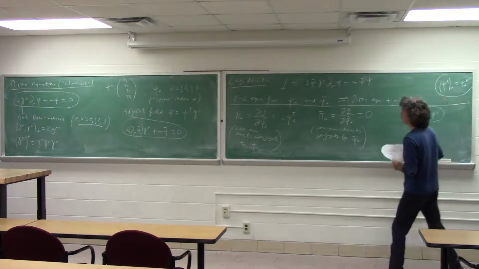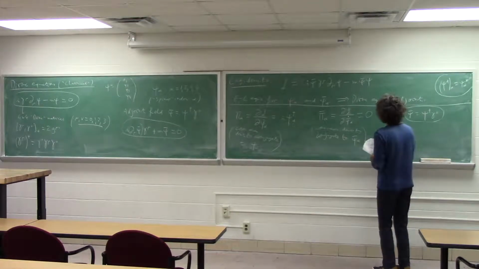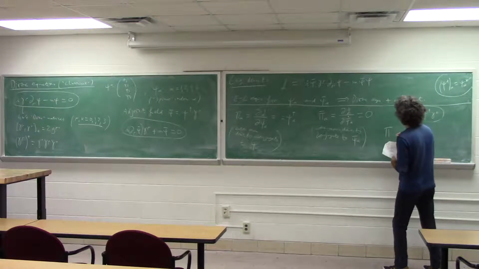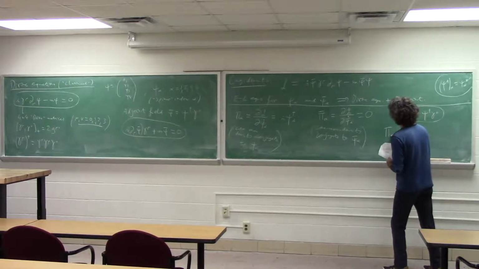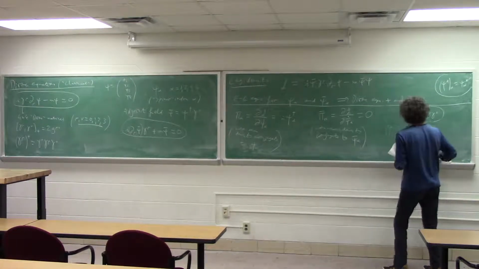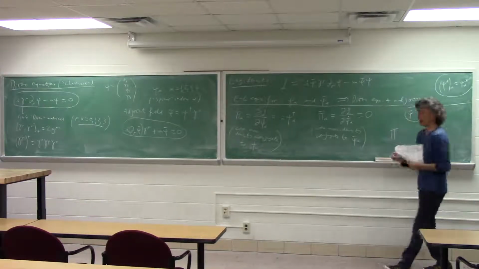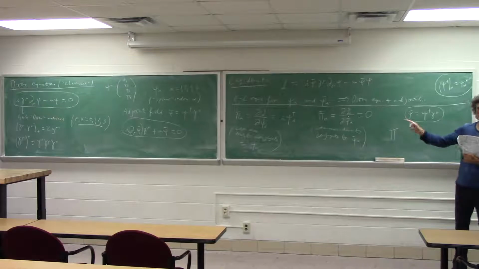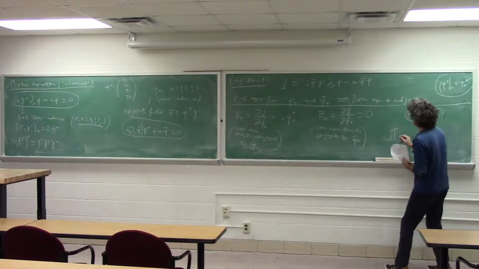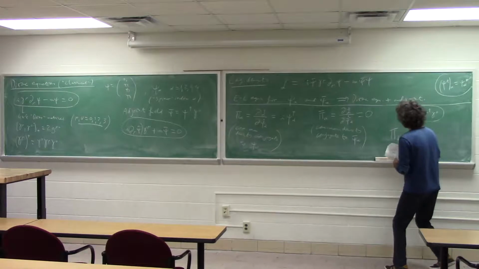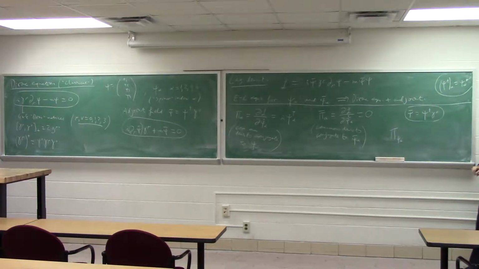What you would really want to do is, instead of the subscript alpha, have a proper notation. You should have said, let's take the canonical momentum density conjugate to psi alpha.